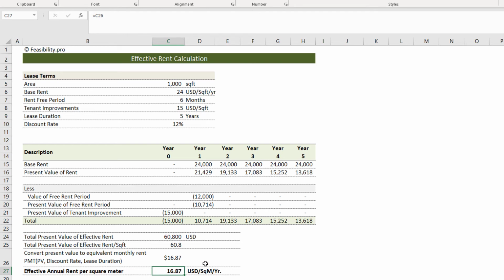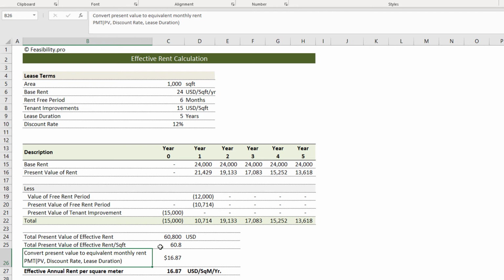Now here I have a question: why did we convert this 60.8 with the PMT? And this is a very interesting question. I was also very confused initially when I used to do this calculation for a retail mall.